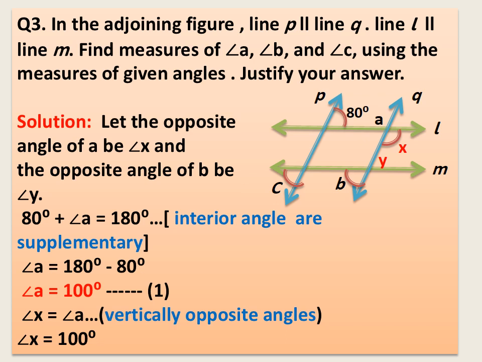Therefore, A is equal to 100 degrees. Mark this as equation 1. Now, angle X and A are vertically opposite angles. Therefore, angle X is equal to A because vertically opposite angles are equal. Therefore, angle X is equal to 100 degrees.